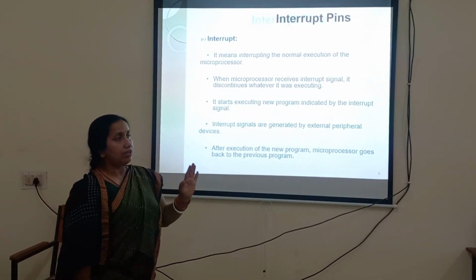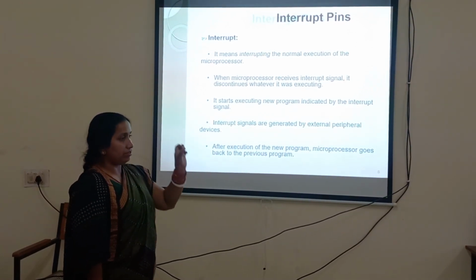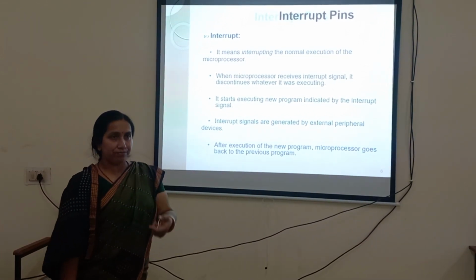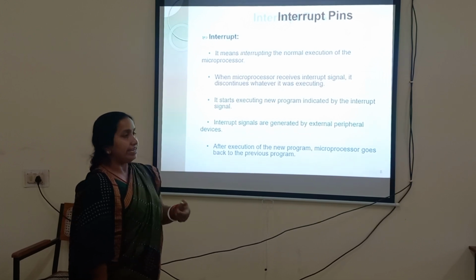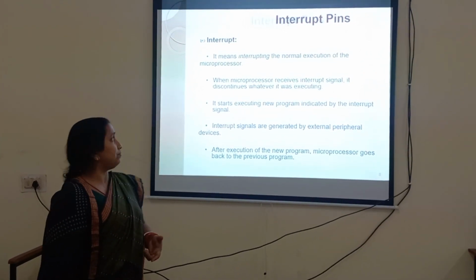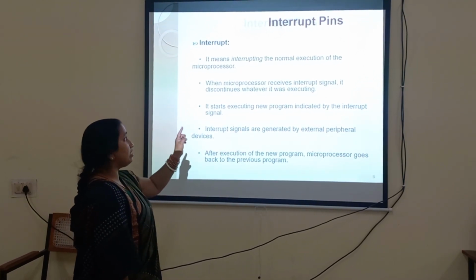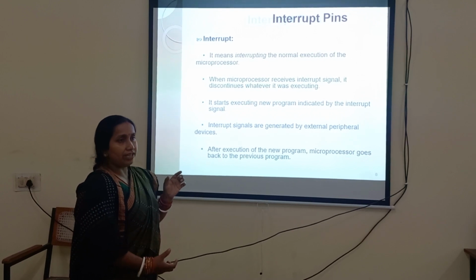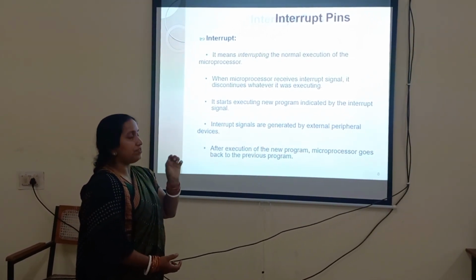When the microprocessor is doing some program, but during that time another function needs to be operated by the microprocessor, then it takes the signal as an interrupt. So when the microprocessor receives an interrupt signal, it discontinues whatever it was executing. That means whatever it executes, the microprocessor holds it.